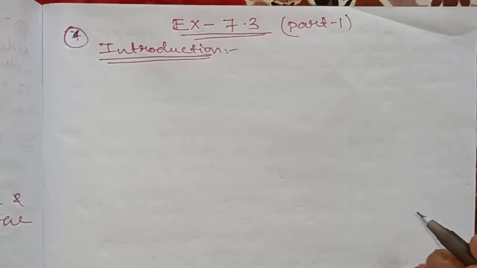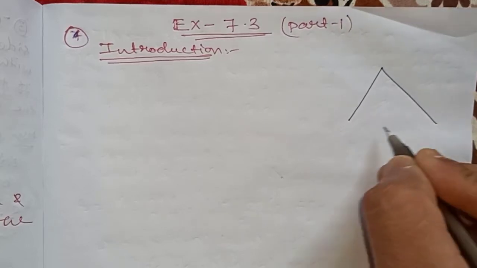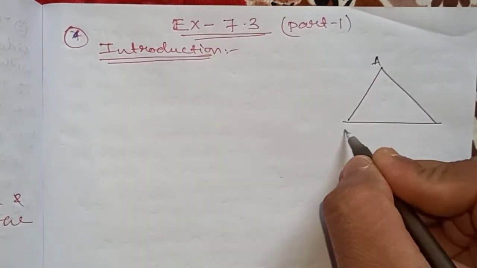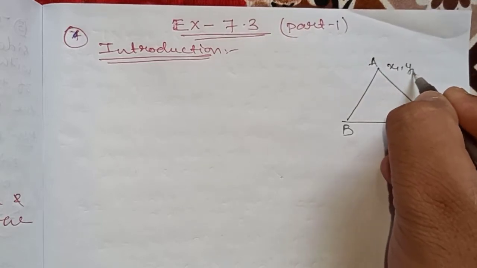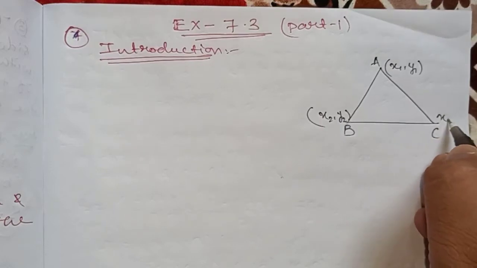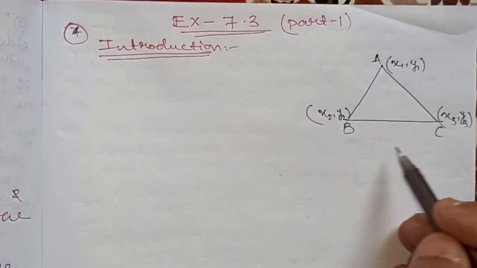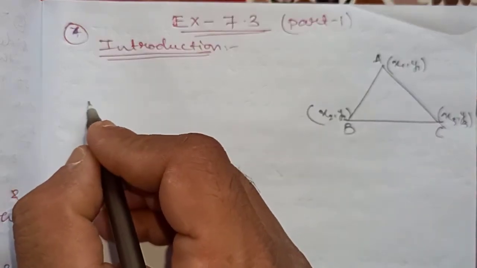The first formula will be used to find the area of a triangle. Suppose this is a triangle ABC and the coordinates of the triangle we will take as x1 y1, x2 y2 and x3 y3. So these are the three vertices of the triangle which we have taken. The area of the triangle is very easy.